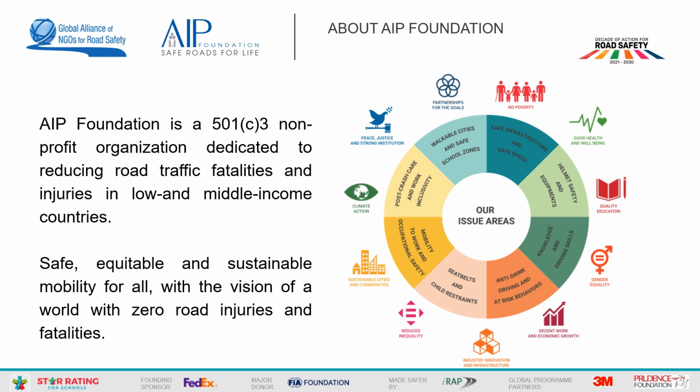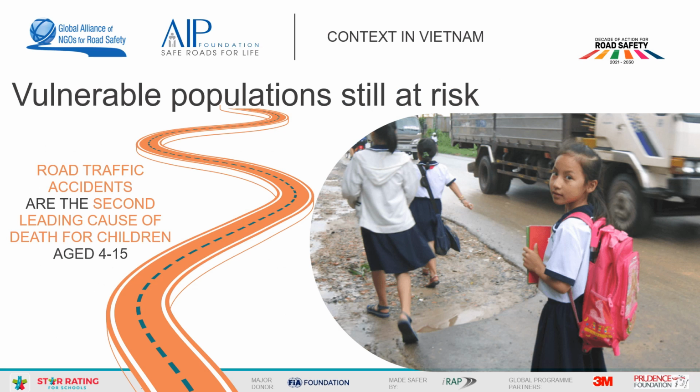Going back to Vietnam, this country is part of the LMIC, for low and middle income countries. Vietnam, like many LMIC over the world, has seen its economic growth rapidly increase in the past 10 years. In this context, with the consequent rapid increase in the number of vehicles, motorbikes, and now cars, road traffic organizations have not been able to properly implement prioritized measures for vulnerable populations.